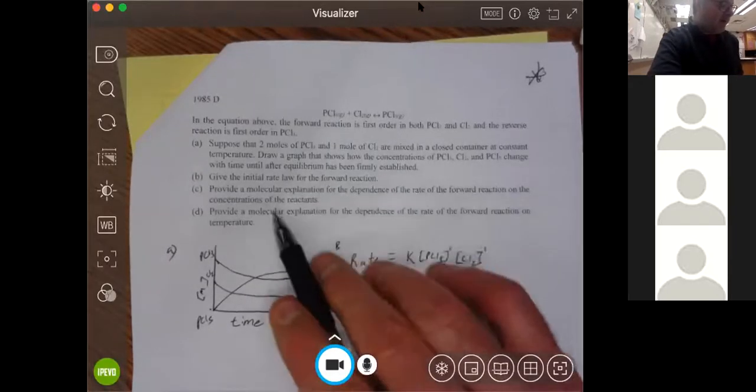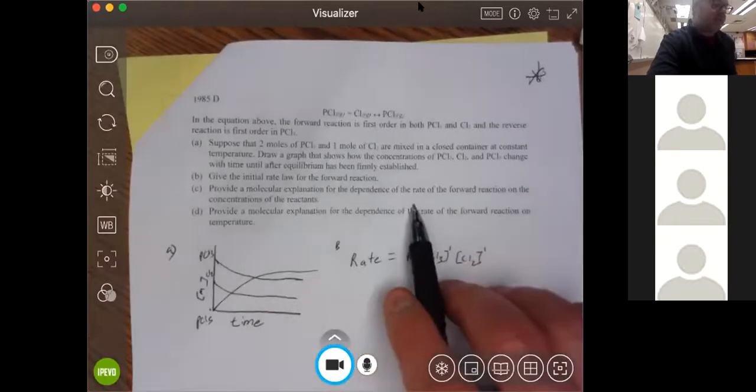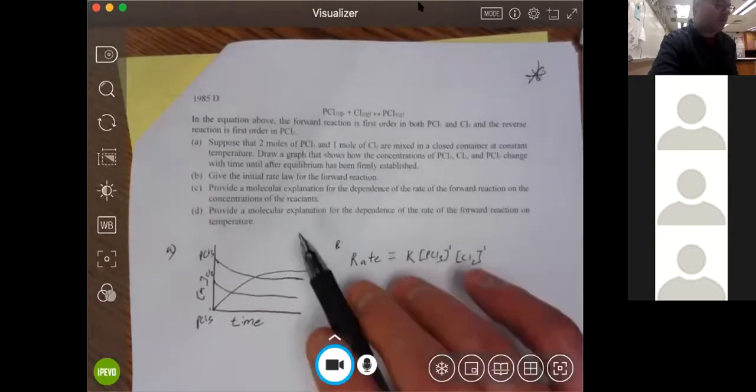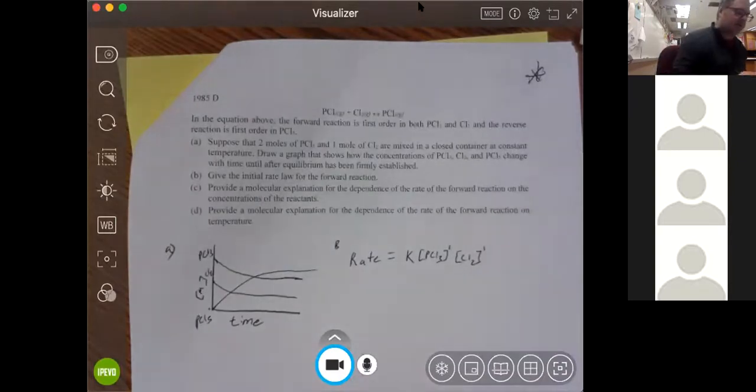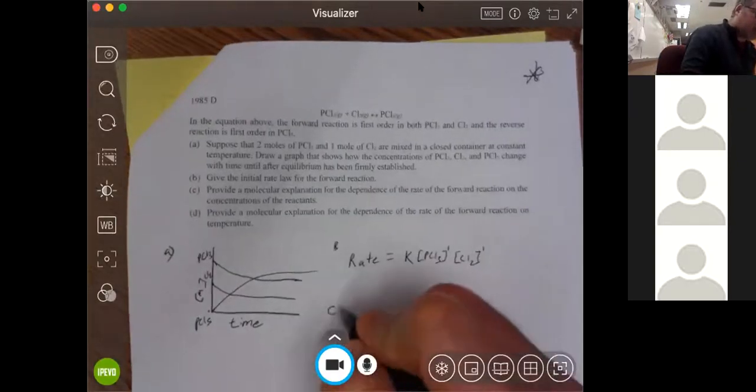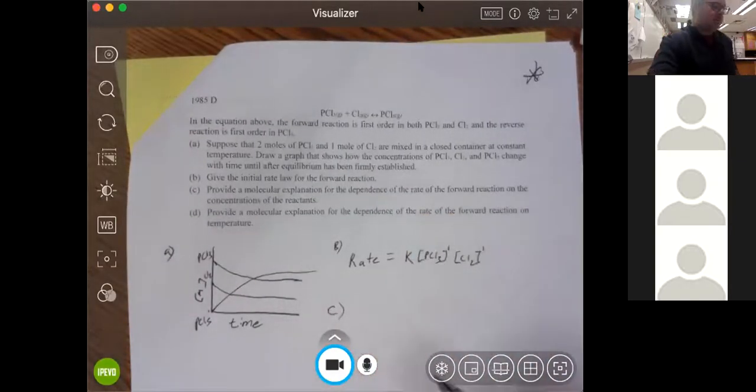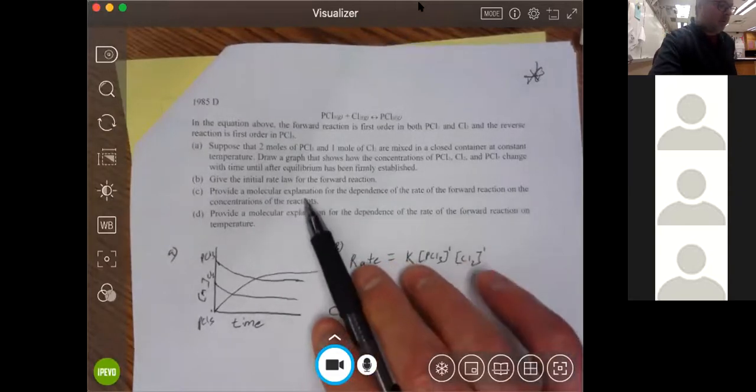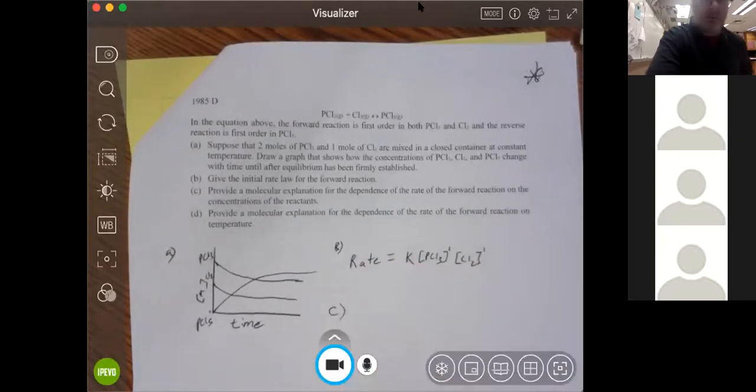It says provide the molecular explanation for the dependence of the rate of the forward reaction on concentrations of the reactants. Molecular explanation means we're looking at the kinetic theory here.